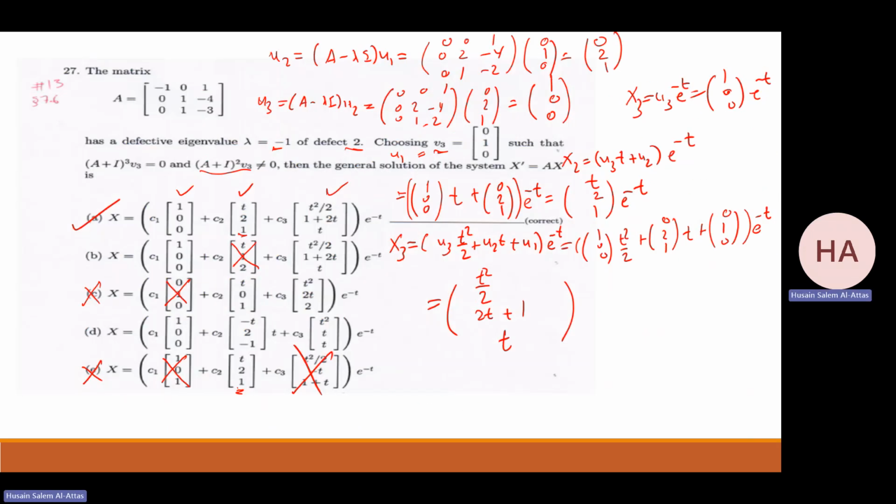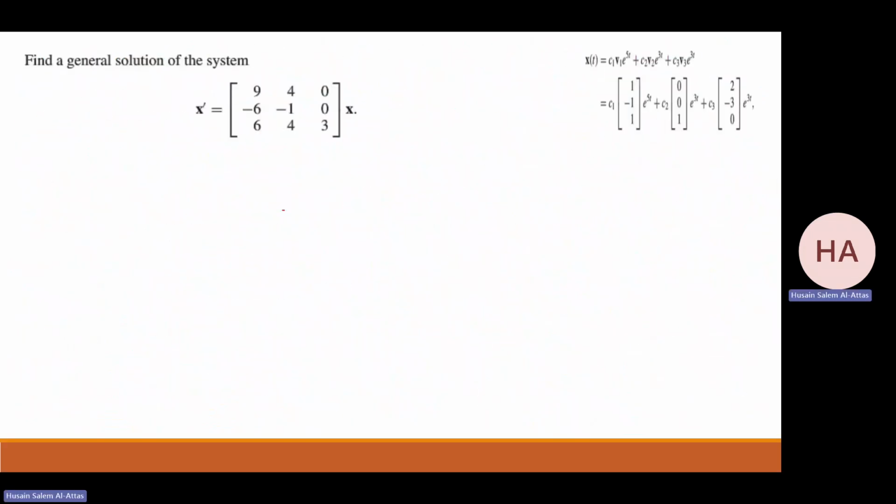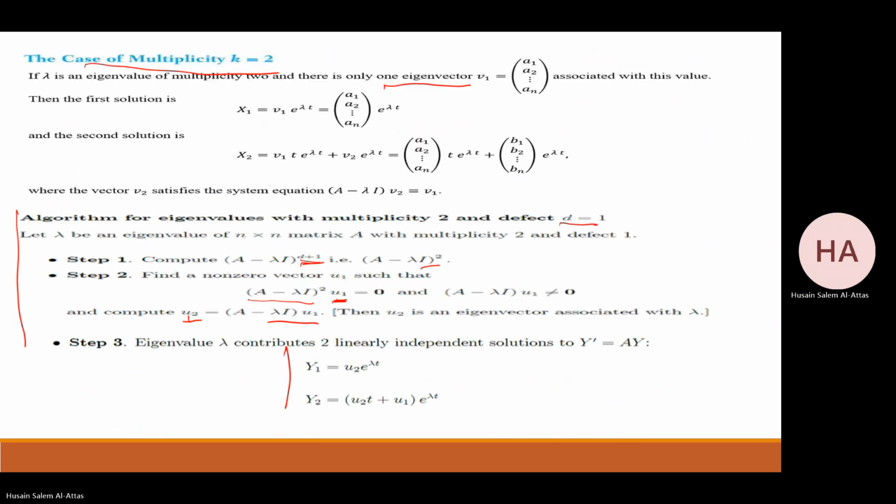Means I have which case? Now I have multiplicity 2. I have the first case, in which we have multiplicity 2 and defect 1. The defect is 1.